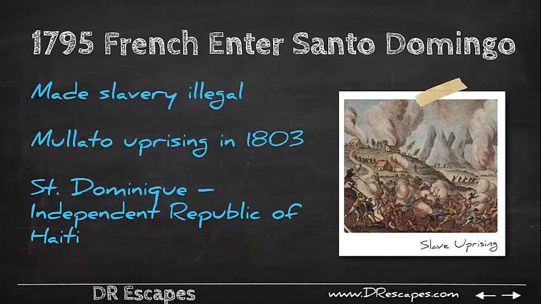Not too long after that, General Napoleon dispatched an army which subdued the whole island and ruled it for only a few months. The mulattoes and the blacks rose up against the French in October around 1802 and finally did defeat them in November of 1803. On New Year's in 1804, the victors declared Saint-Domingue to be the independent Republic of Haiti.